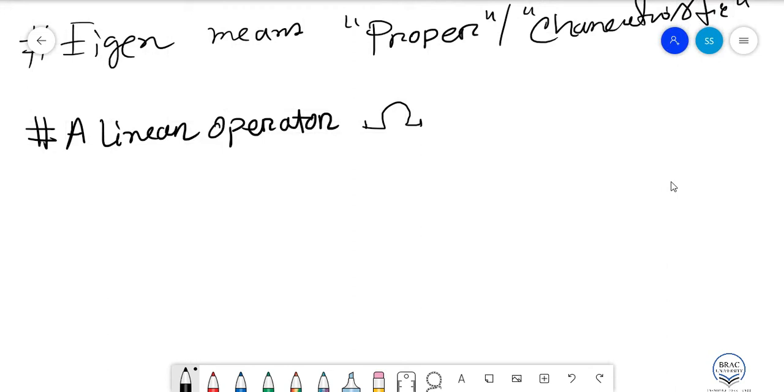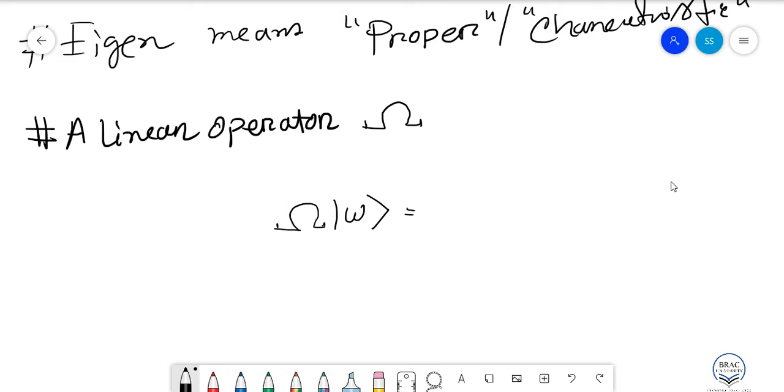So what an operator does, from our past lectures we know that if you have a vector, let's say v, or in this case let's call them small omegas, a linear operator can act on them, right?